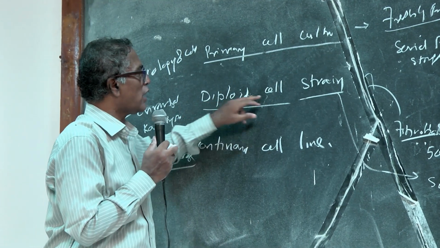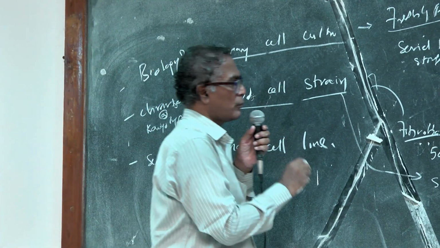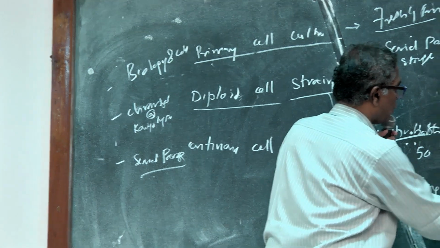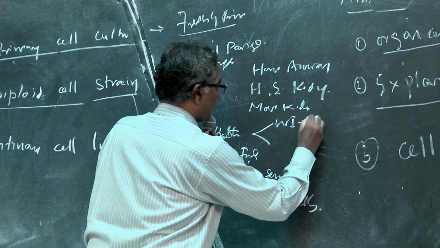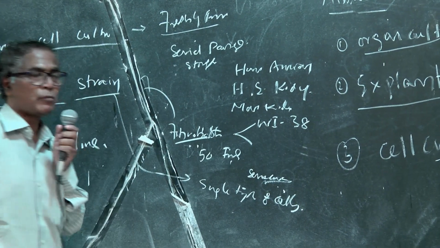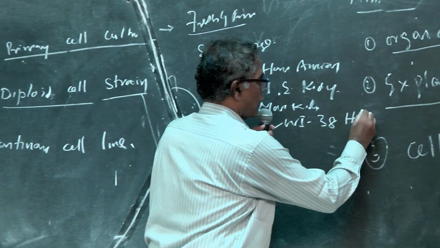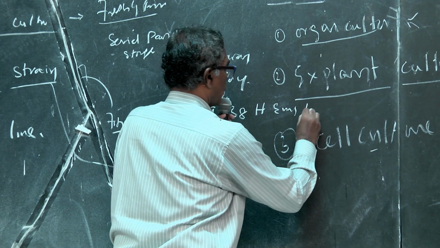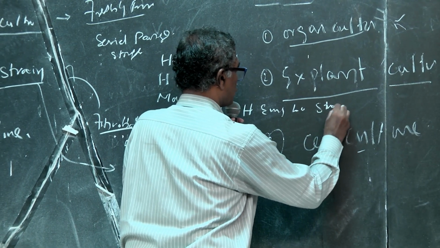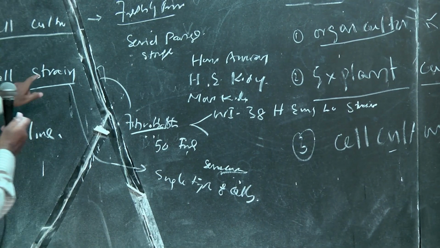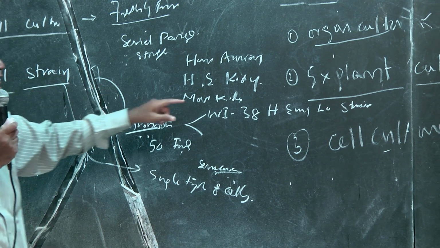So diploid cell strain examples are the fibroblasts, and further examples include WI38, West Indies like that. So WI38 is taken from the human embryo lung strain.